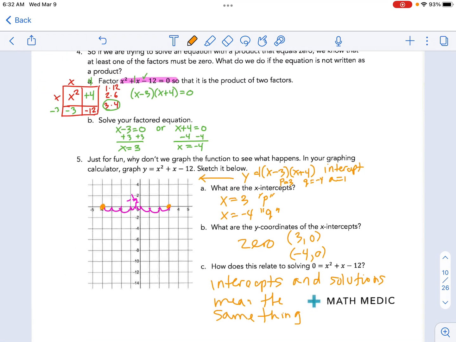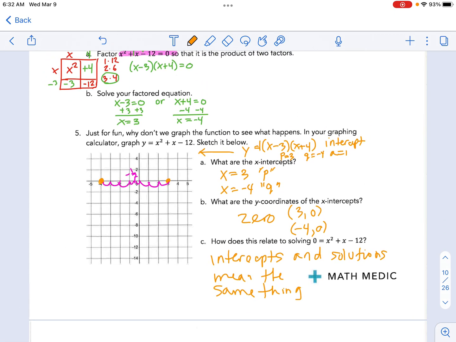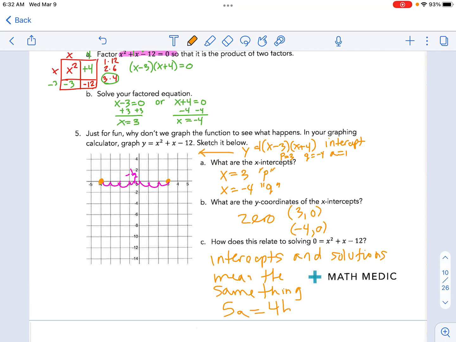Okay, so our answer to 4b and our answer to 5a, so 5a equals 4b in these notes, right? They mean the same thing.